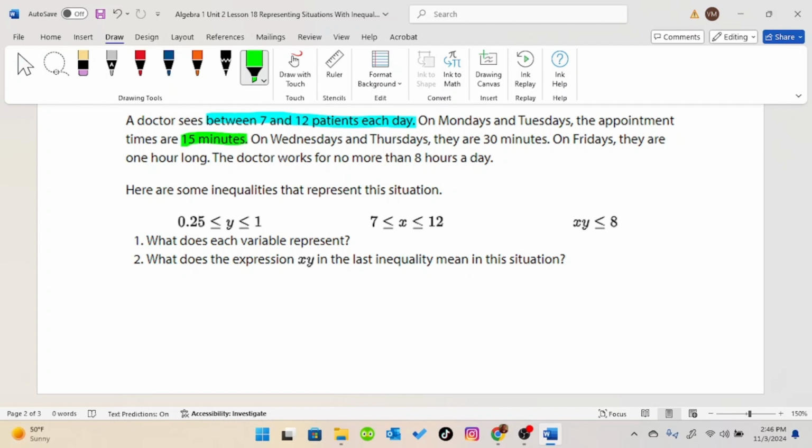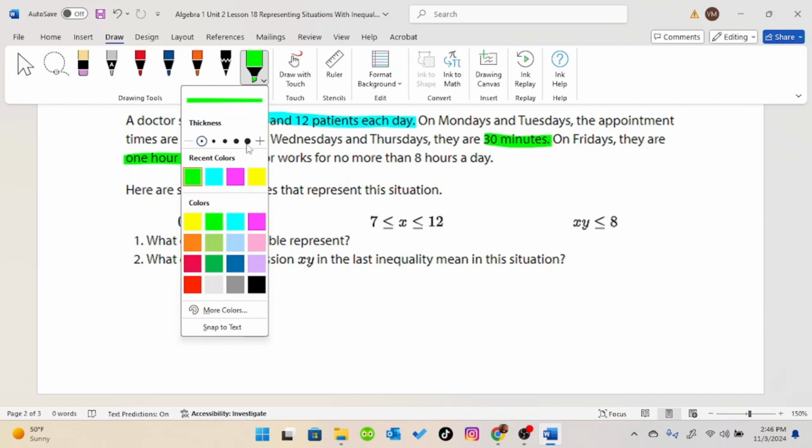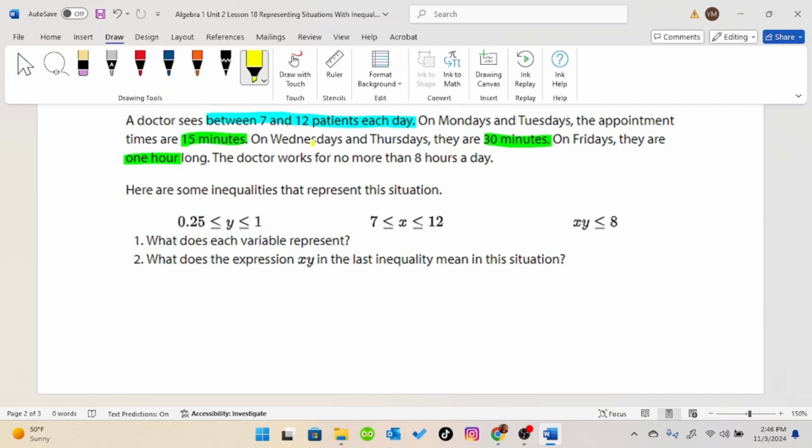On Wednesdays and Thursdays, they are 30 minutes. On Fridays, they are 1 hour long. The doctor works for no more than 8 hours a day. Number 1, what does each variable represent?